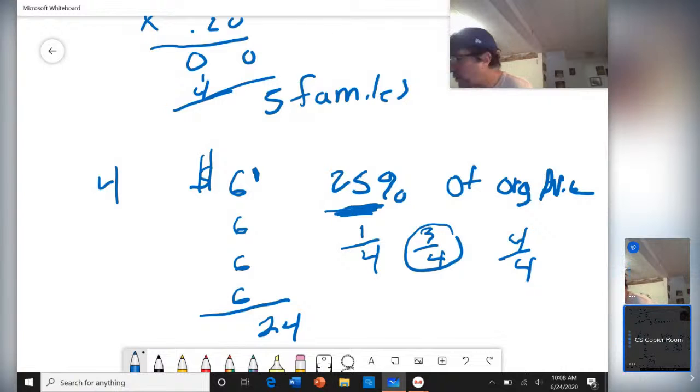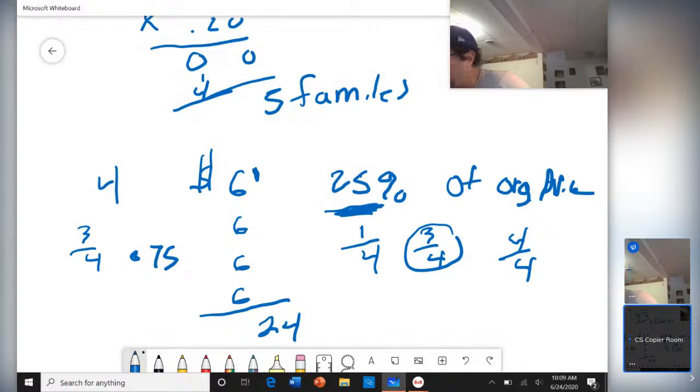Okay. So one way of thinking about it is I could do 3/4 times 6. Or if we're still doing decimals, times 0.75. Because you got to find the other 75%.